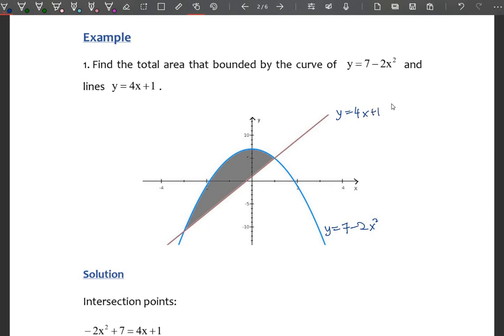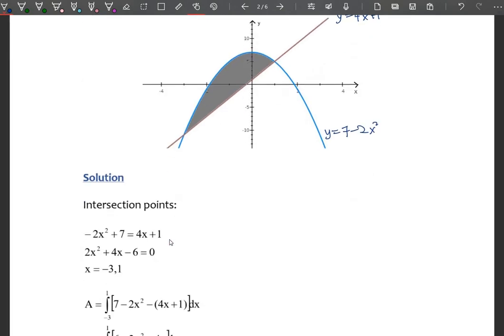As you can see, this one we can apply top minus bottom because the function of y for the top is the same for the bounded region, that means it covers the same function. And then for the bottom also, it is the same equation function for the bottom line.